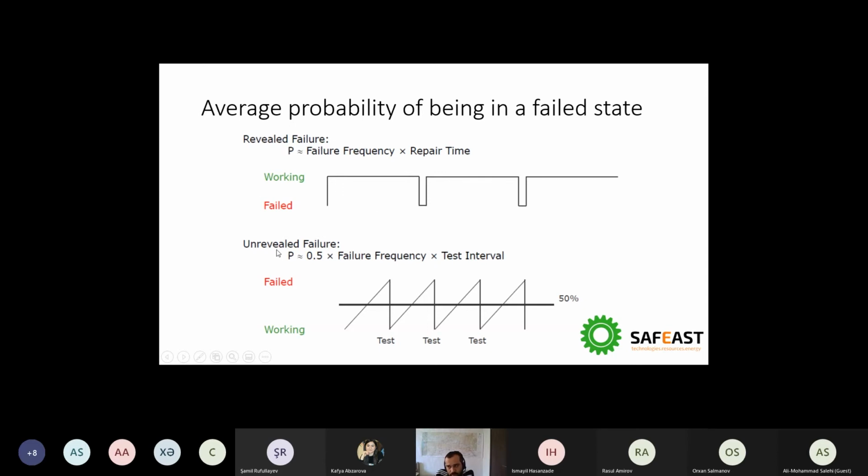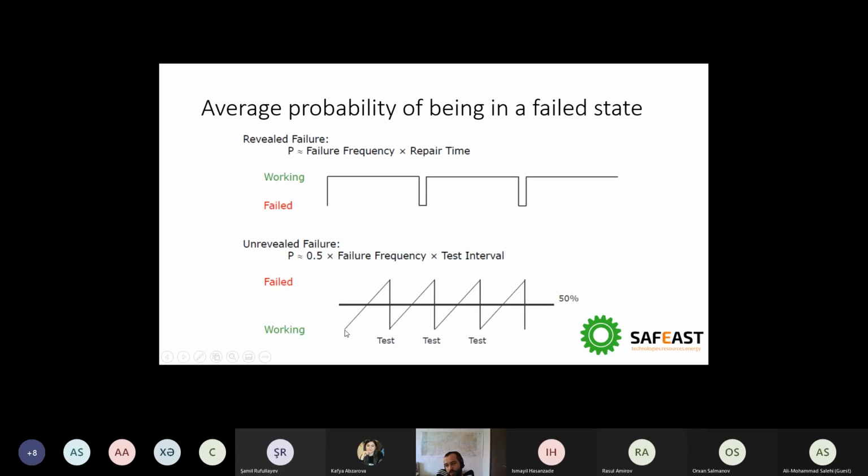But if it is an unrevealed failure, you cannot reveal it until you test it. So let's say you have got a piece of equipment. In our specific example, let's say you have got a level transmitter. It is working, and you test it every 6 months, twice a year.